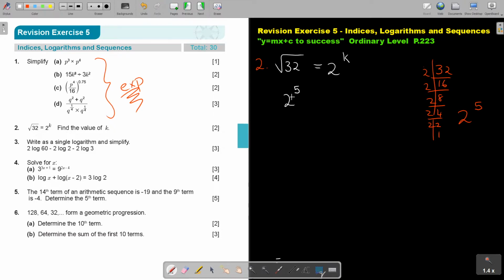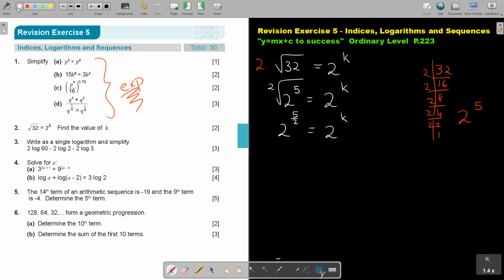Now don't forget, let's first leave it like that. I don't want to leave out steps. If there stands nothing, there stands a 2. So it's 2 to the power of 5 over 2 equals 2 to the power of k.